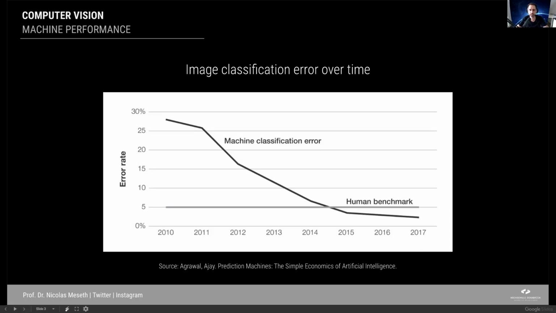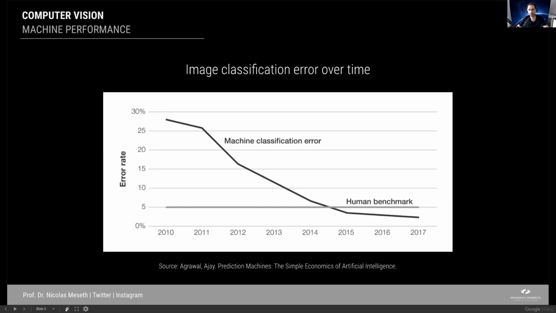Even if humans look at images and try to predict what's in it or classify these images, they have an error rate of about 5%, and that's for various reasons. One of them is that even if we see a certain kind of dog in an image, we can say it's a dog, but we can't really say precisely what kind of dog it is.